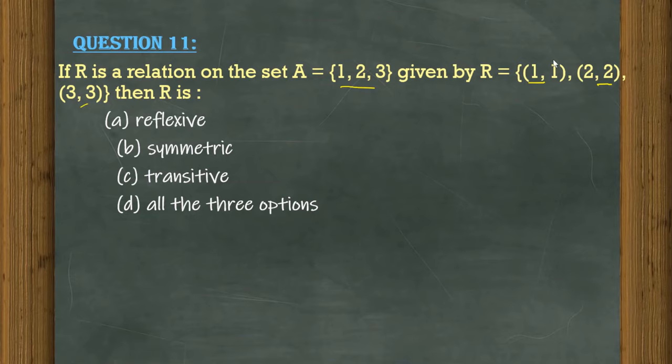And as (1,1) is there, its reverse is also (1,1). So (1,1) is present. The reverse of (2,2) is (2,2), (2,2) is present. And in case of (3,3), (3,3) is also present. So it is symmetric also. And as (1,1) is there, other relation related to 1 and some other element is not there. So it is transitive also.